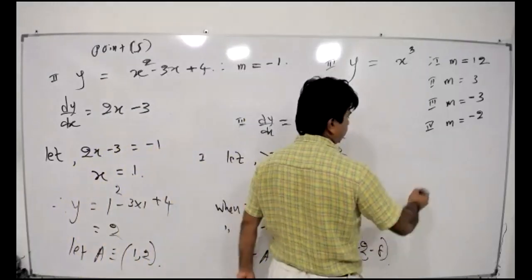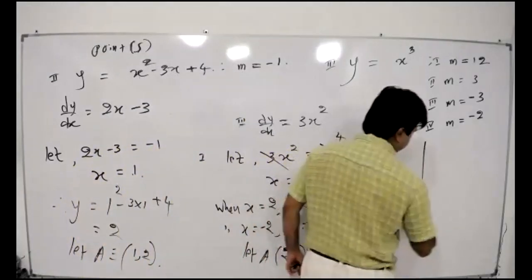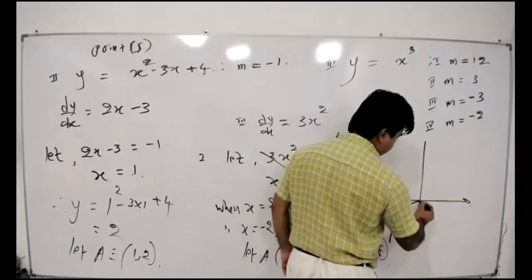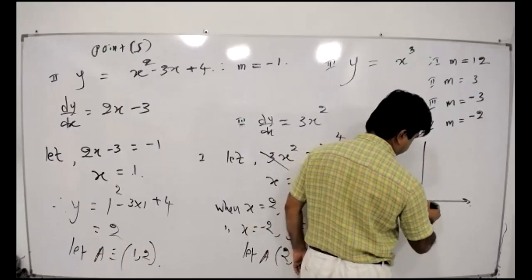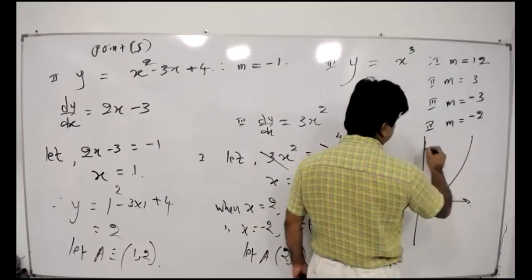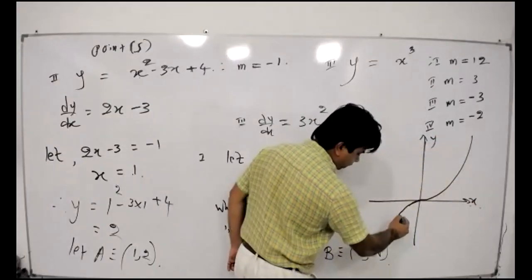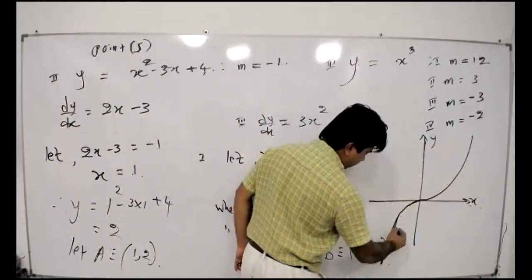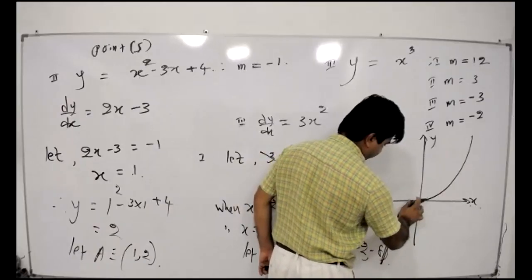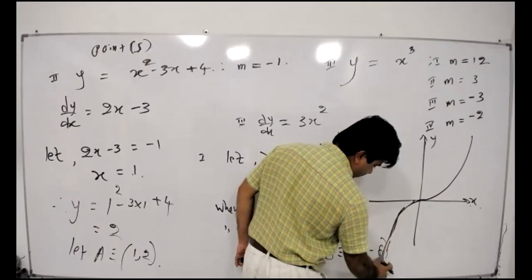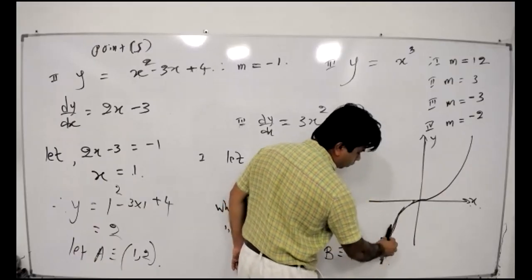Now, if you remember, I explained the x cube plus 1 graph. Then what is the x cube graph? It will be like this. Now you can see that here, just touch this curve. When you touch this curve with a tangent, just move the tangent along the curve.